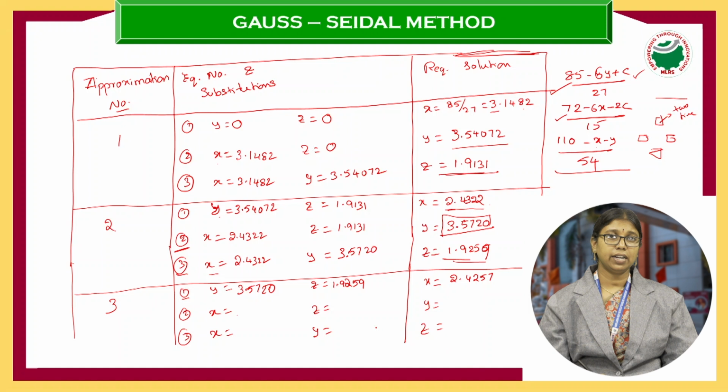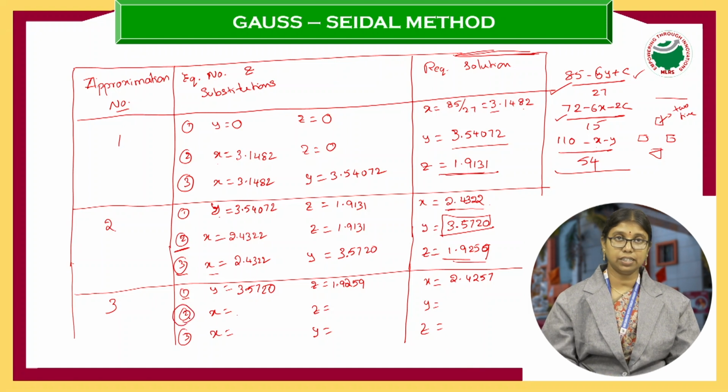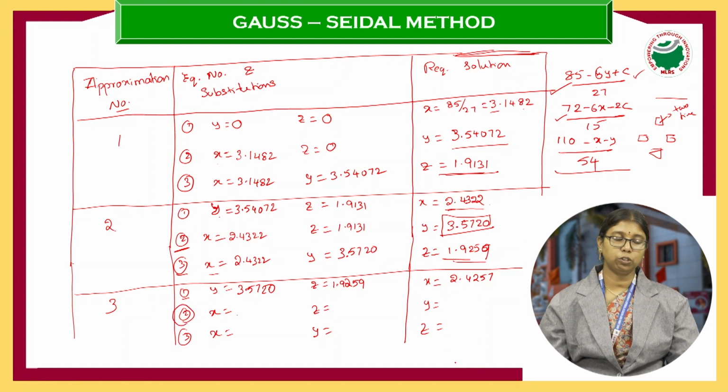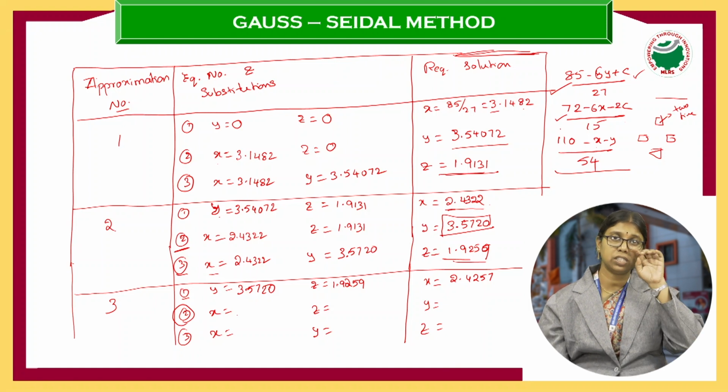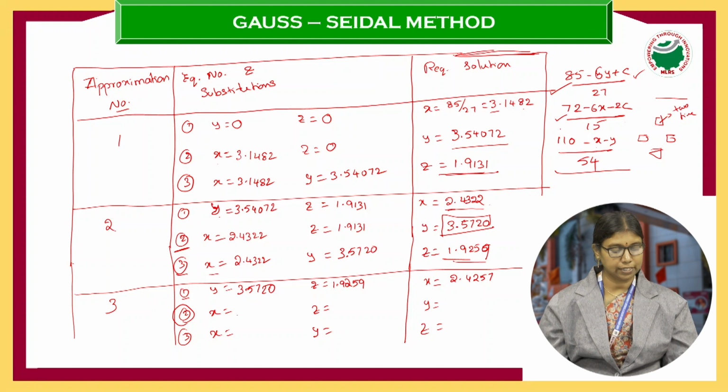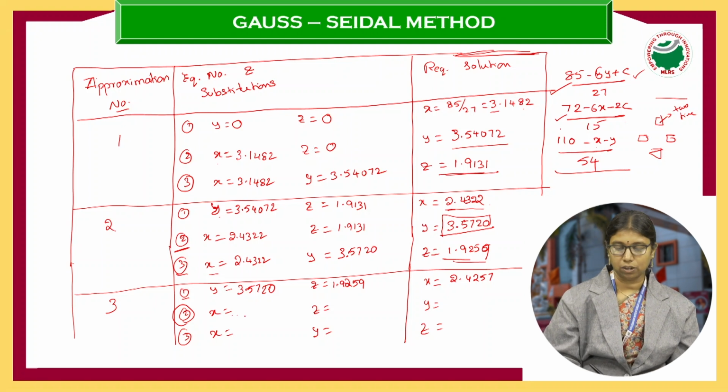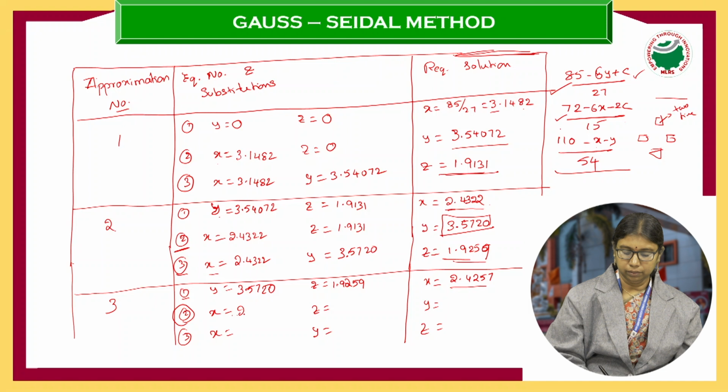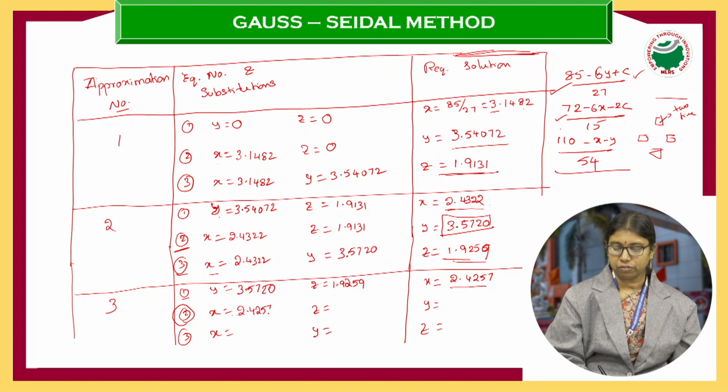Next, for getting y, we need x and z. In which equation? Second equation. So press the upper arrow 2 times. Then you will get the second equation, 72 minus 6x minus 2z by 15, on your screen. Now press the calc button. What is the latest x value? 2.4257.